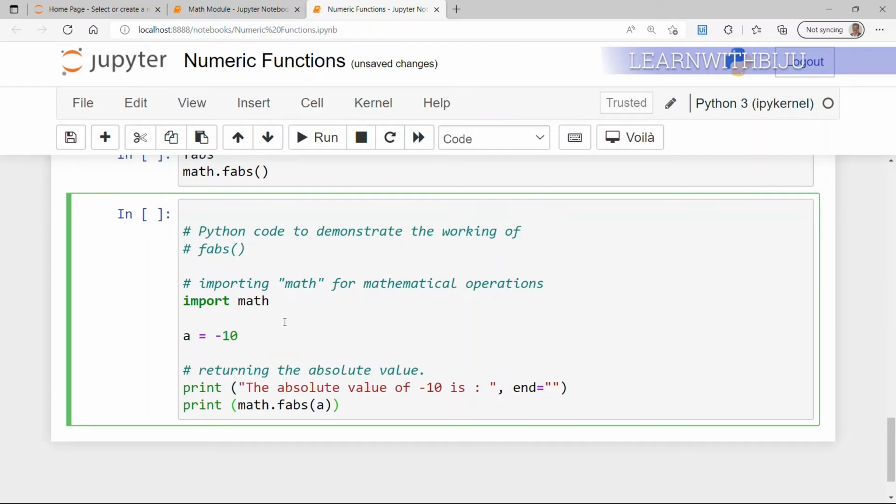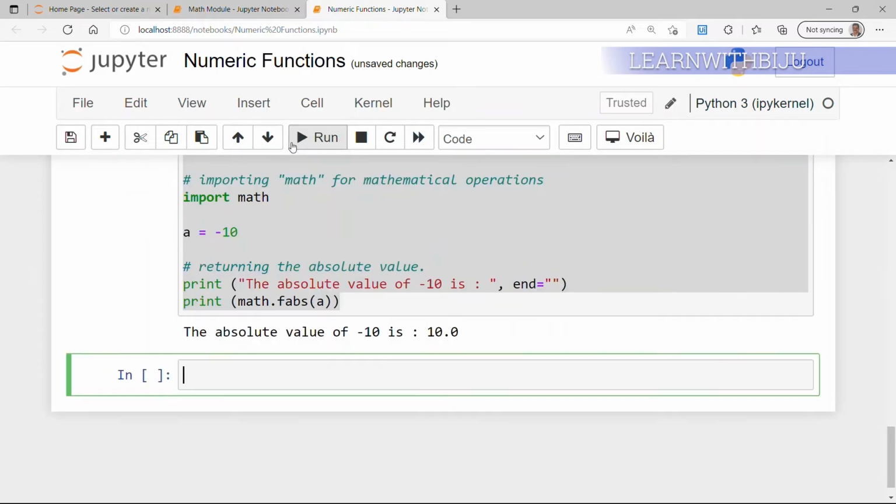So as always, let's import the math module. Then we have a variable a equal to minus 10. We need to return the absolute value of minus 10 using the math.fabs method. So it is going to give you 10. The absolute value of minus 10 is 10.